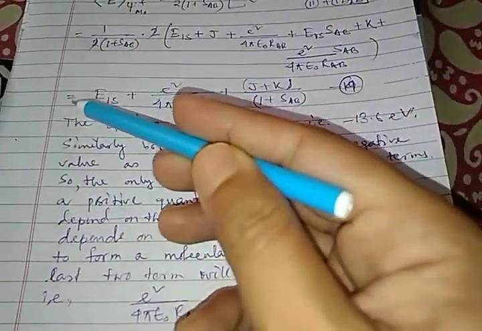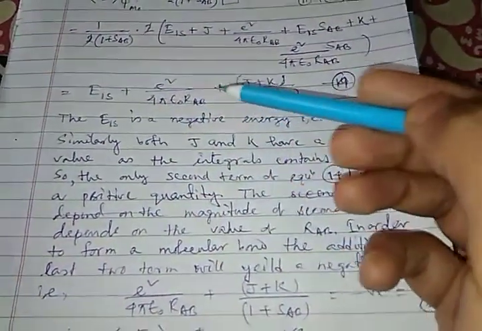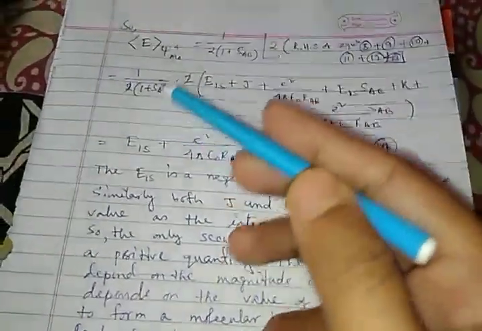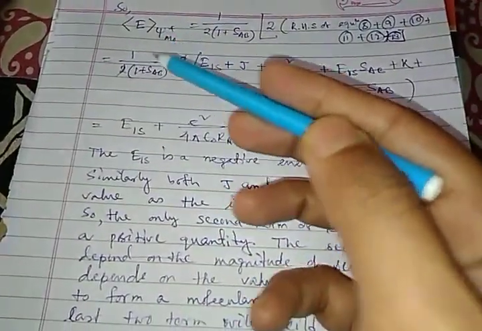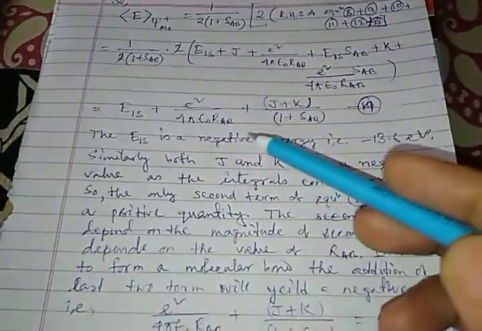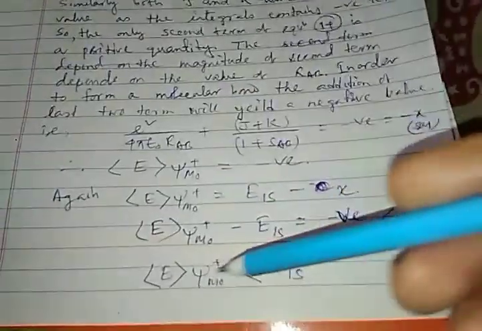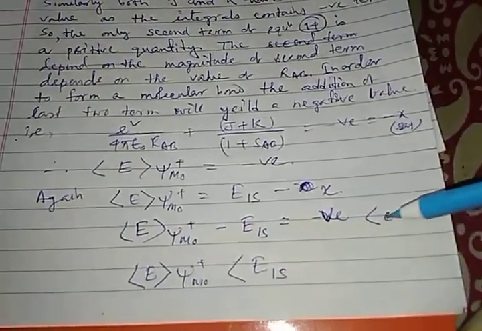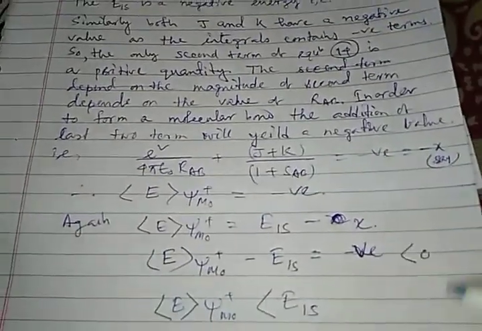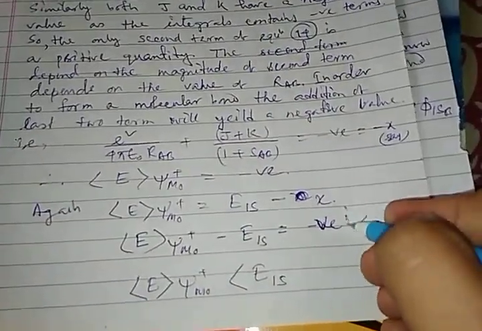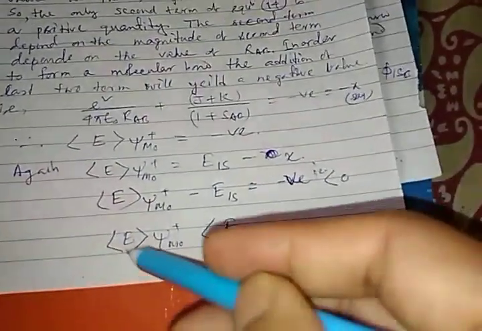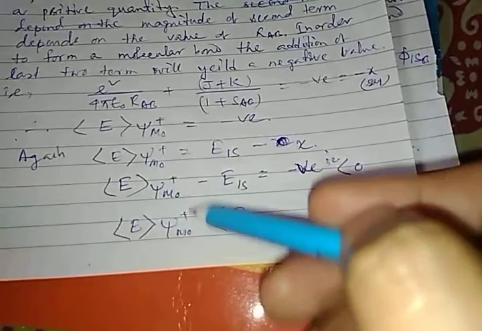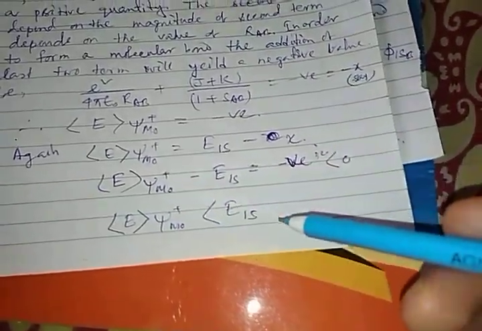That means E1s minus some negative value will be the average energy of the MO. So what will happen? The average energy of the MO minus this E1s will be a negative quantity. Negative quantity means it is less than 0. So what we will have? The average energy of the MO plus will be less than E1s.